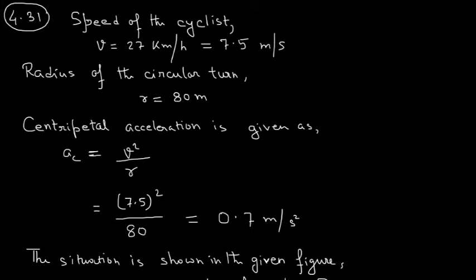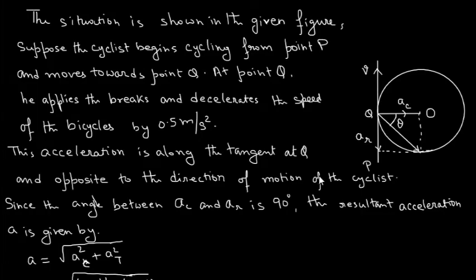Now, the situation is shown in the given figure. Suppose the cyclist begins cycling from point P and moves towards point Q. At point Q, he applies the brake and acceleration.